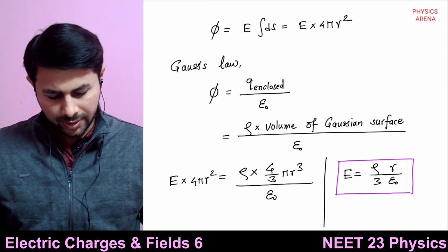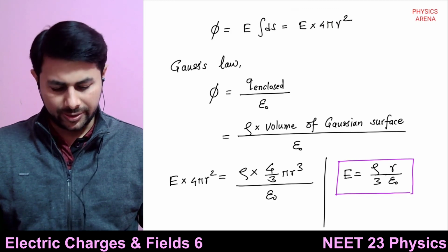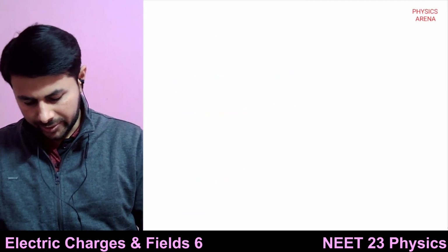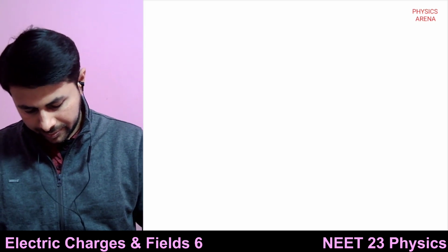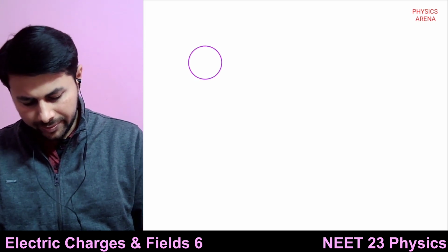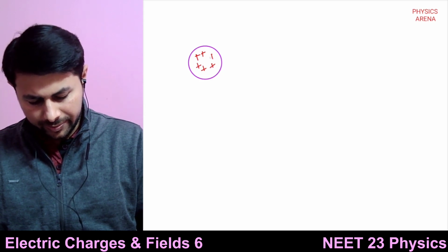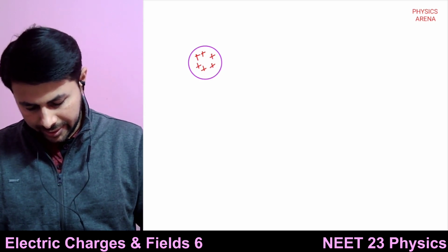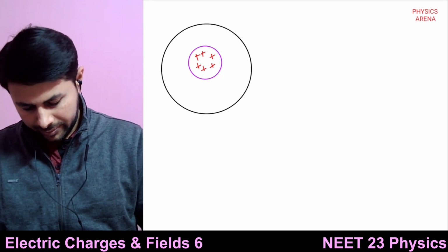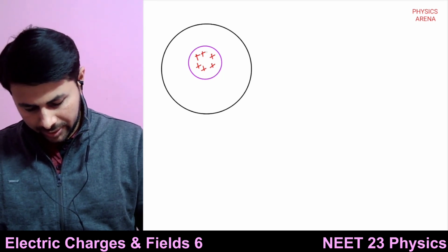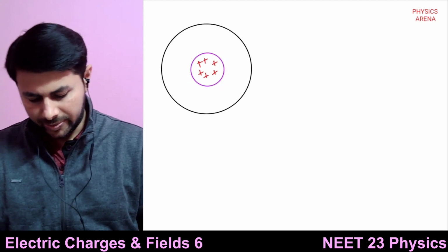Even if you consider a point outside the sphere, charge is uniformly distributed on the sphere, and you take another sphere which is outside this sphere but concentric to it.